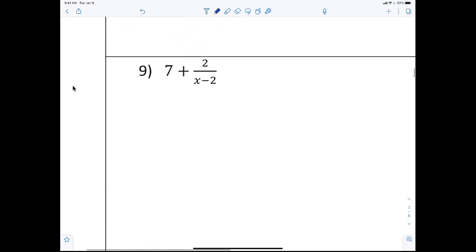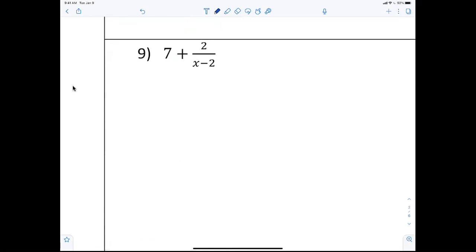All right, now number 9, I make that 7 over what? 1. So my common denominator is x minus 2. So I multiply the left numerator by x minus 2. Now if you're smart, you can go ahead and distribute that. I don't care, but I'm just writing out the steps for everyone.